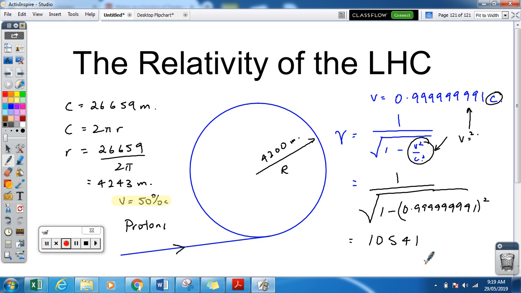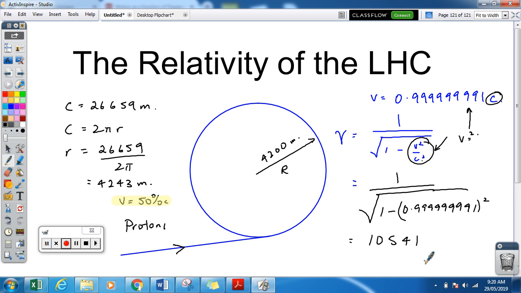Therefore, the effects of things like time dilation and mass effect are 10,500 times more noticeable. So a good old little proton will have an effective mass of 10,500 times its own mass, its relativistic mass.